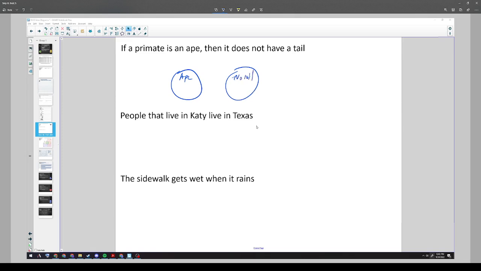The reason I included this one is that it's an example in the textbook talking about whether we can make deductions or conclusions based on this information.